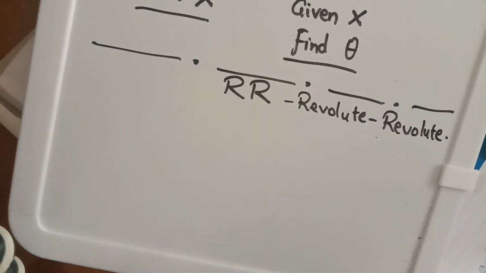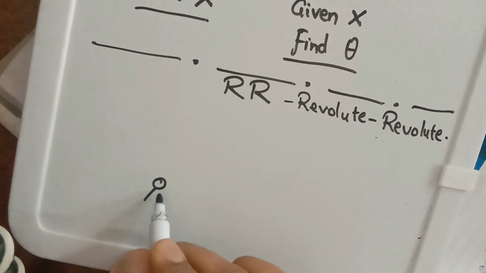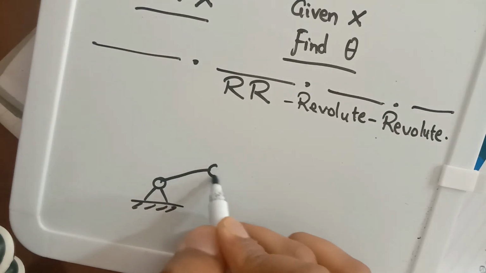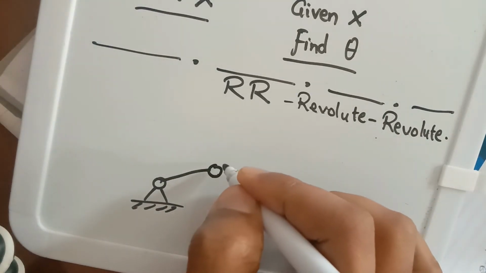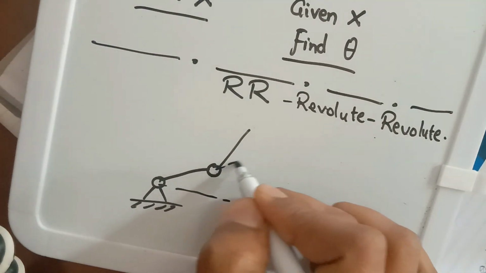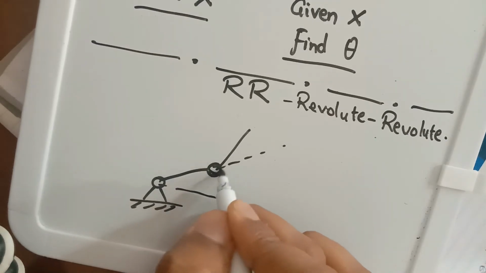So it's a revolute robot. It looks something like this. So it has two links and two revolute joints.